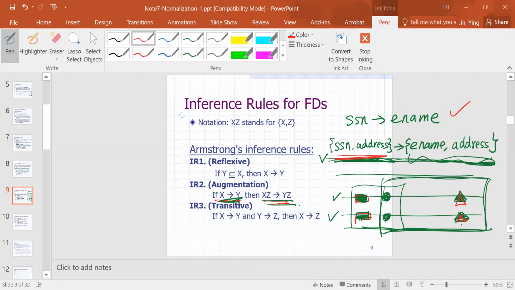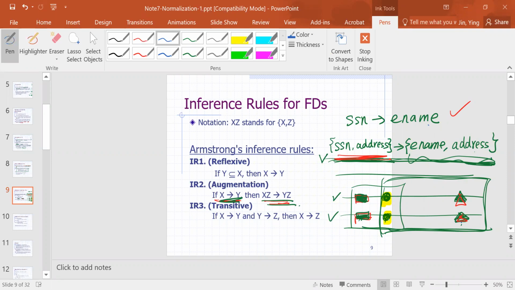In order for this particular one to be true, we need to require that no matter which two tuples you select, when we have the same SSN and the same address, then this part needs to be the same. Let's see whether they are the same or not. The e-name part is the same because this one tells me same SSN must give the same e-name.